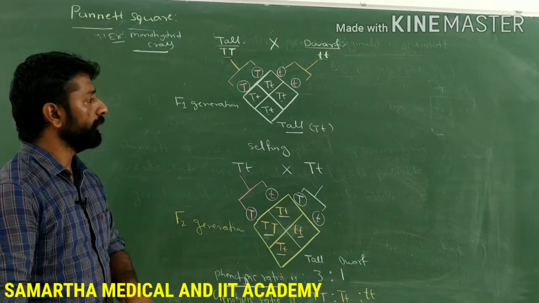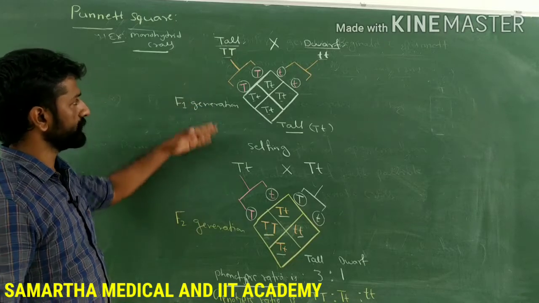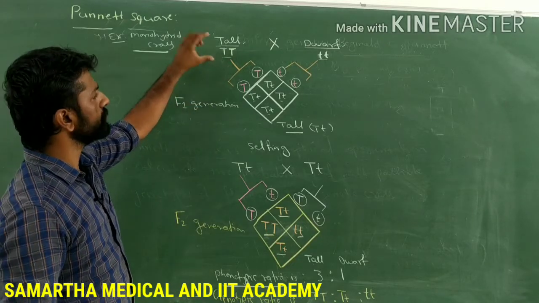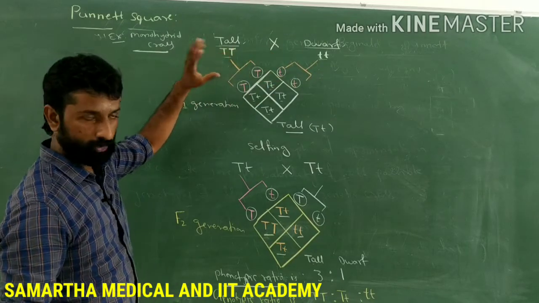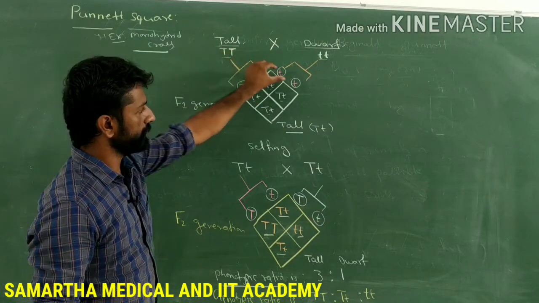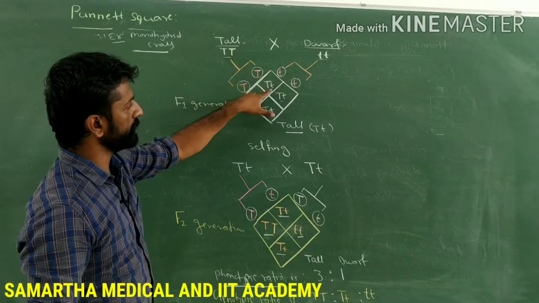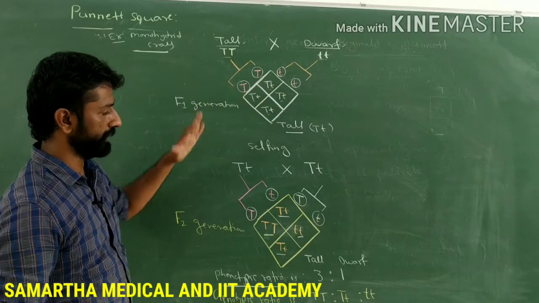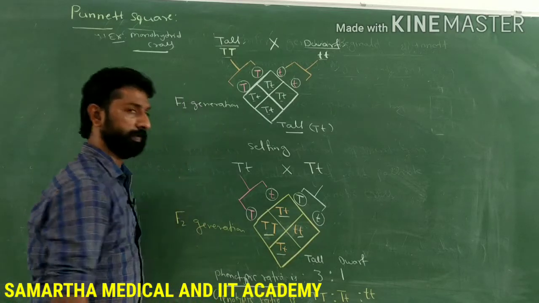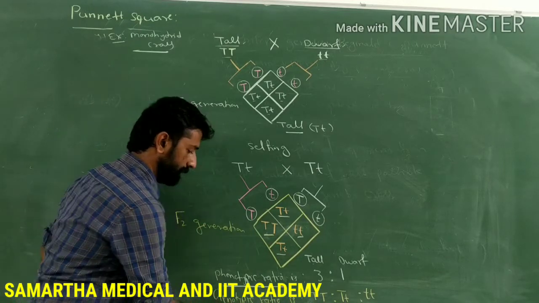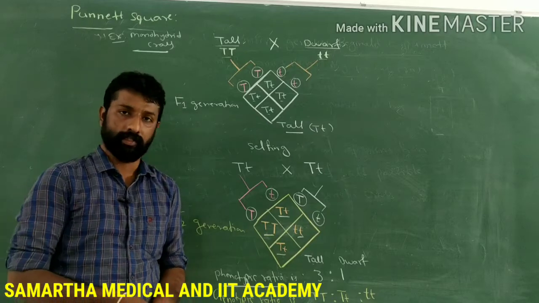This is how, by the graphical representation of the possible combinations of gametes produced and possible combinations of the genotypes in a genetic cross, we will get to know the phenotypic ratio of that particular genetic cross and the genotypic ratio of that particular genetic cross.